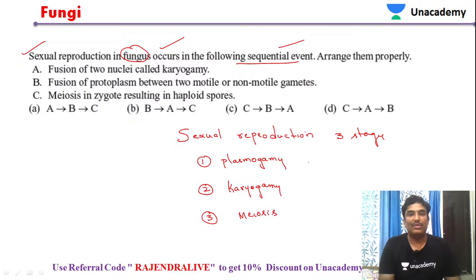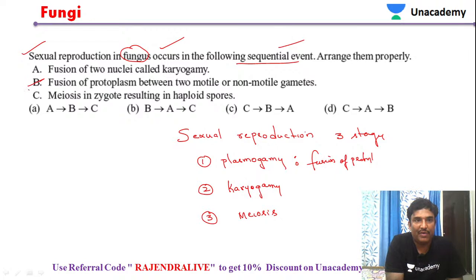Plasmogamy involves fusion of protoplasm. So fusion of protoplasm is called plasmogamy, and it is the first step in sexual reproduction. After that comes karyogamy.